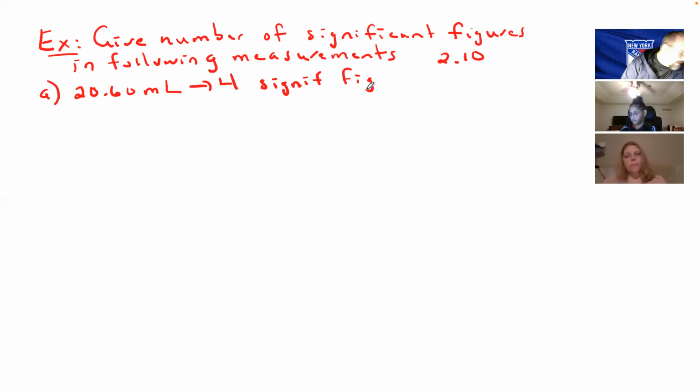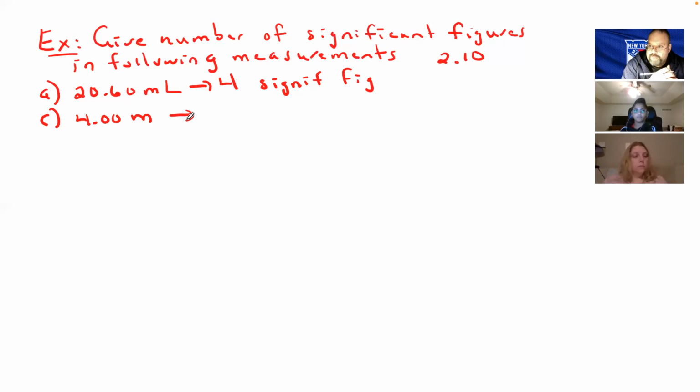Let's take a look at letter C, which is 4.00 meters. How many significant figures would you have in this number? Well, the 4 would definitely be significant because it's not a 0. So the question becomes, what about the 2 zeros? In this case, the answer is absolutely yes.